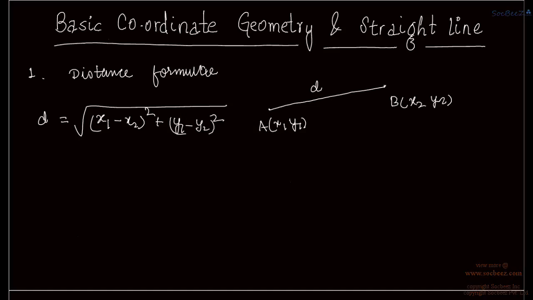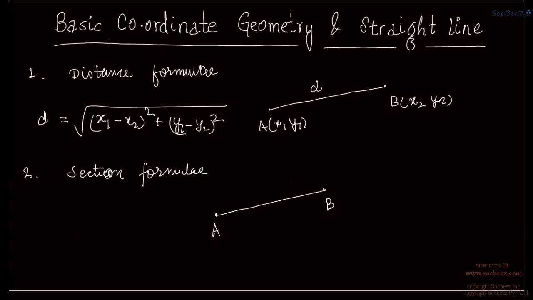Okay, similarly we have the section formula. Section formula is used to calculate the coordinate of a third point which divides the line AB internally or externally in some ratio.